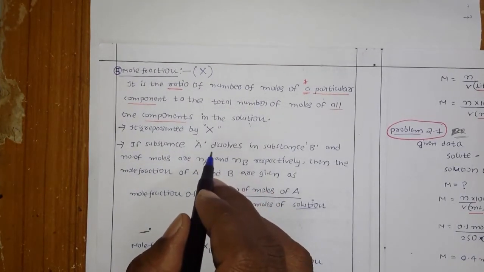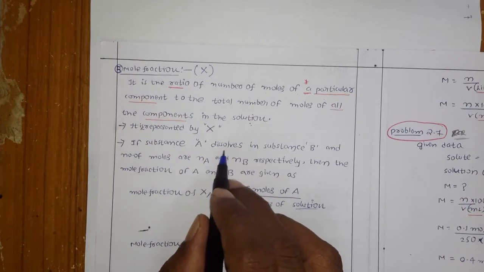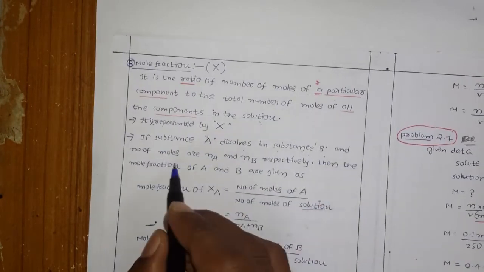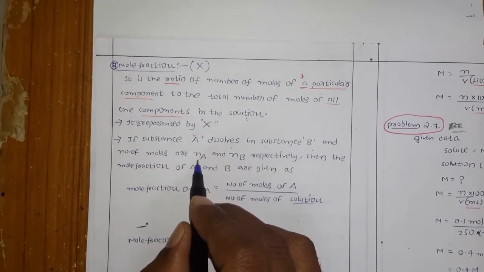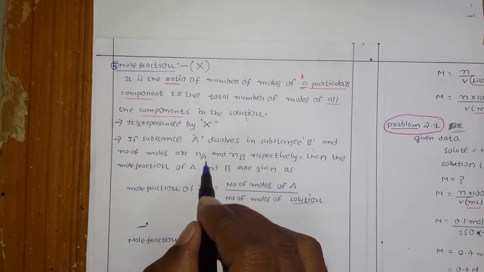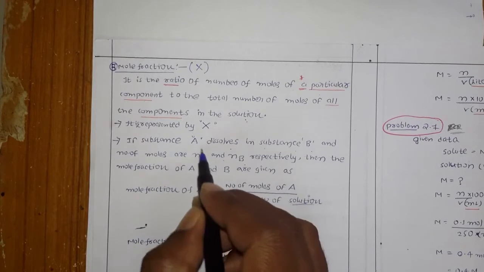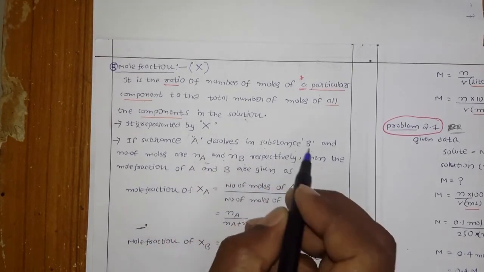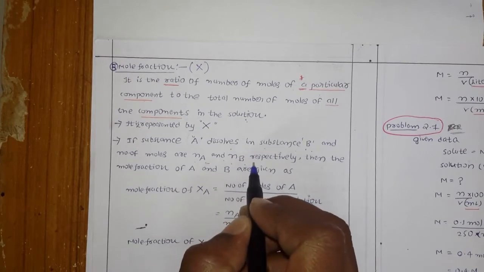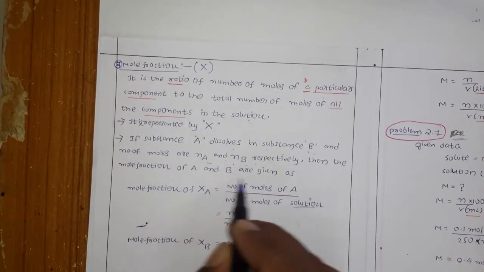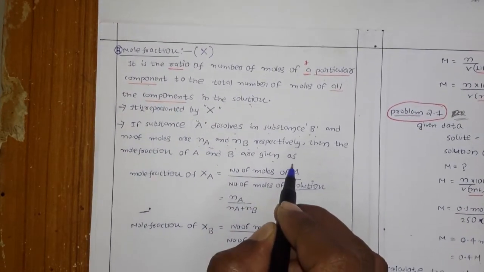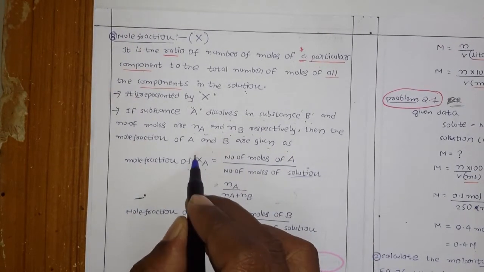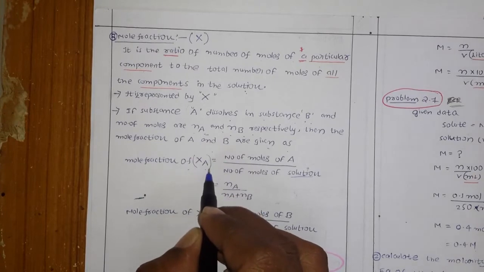Take an example: if a substance A dissolves in a substance B, and the numbers of moles are Na and Nb, that is, A has Na moles and B has Nb moles, then the mole fractions of A and B are given as follows. Very simple: the mole fraction of A, you can write as XA.